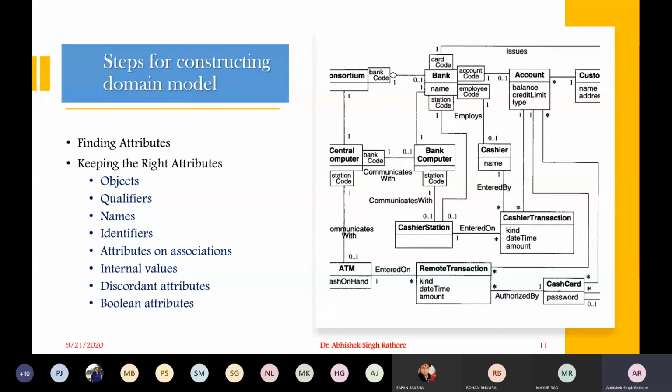Let's say you have color red, or expired values, and so on. Unlike classes and associations, attributes are less likely to be fully described in your problem statement, so you have to identify these attributes. You must draw on your knowledge of the application domain.